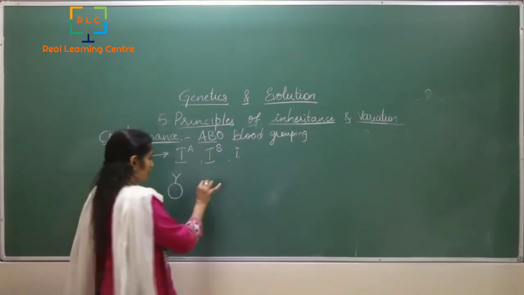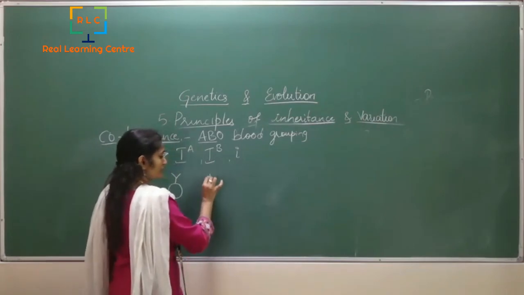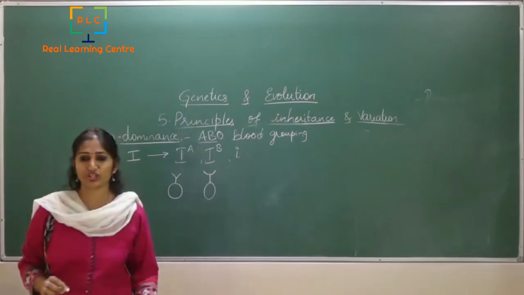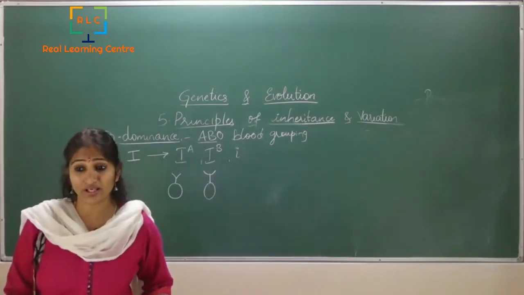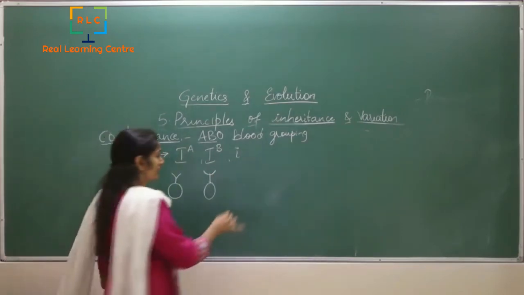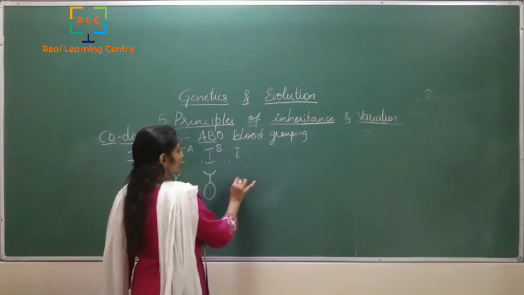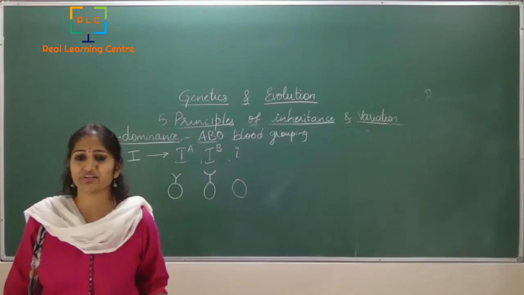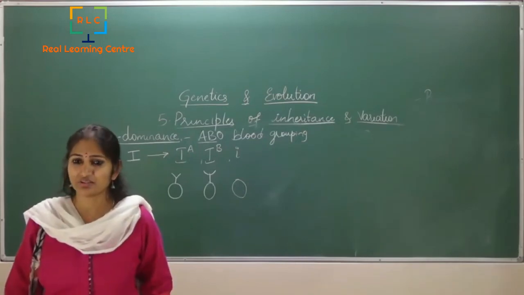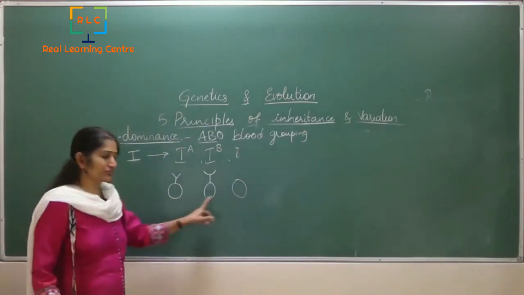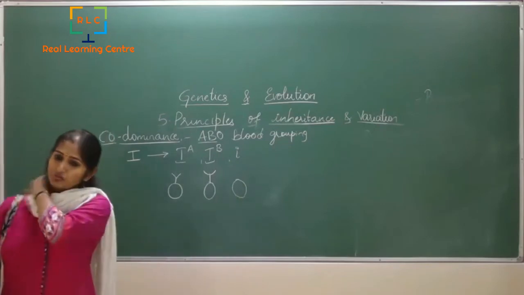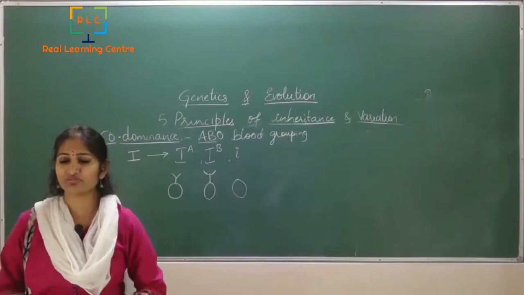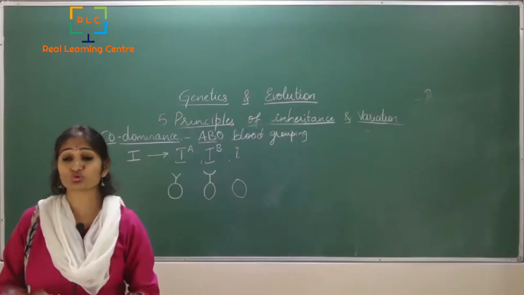And if it is IB, it produces a slightly different sugar chain. Whereas if there is i, it does not produce any sugar chain. So basically there are three different alleles, and they produce slightly different forms of the sugar on the plasma membrane.